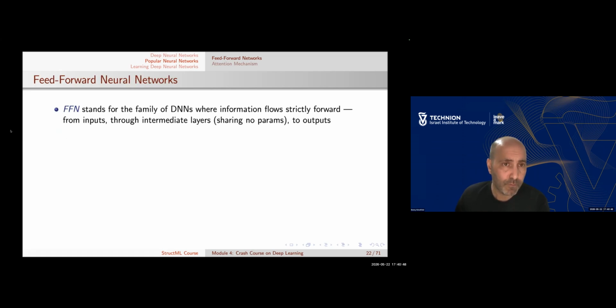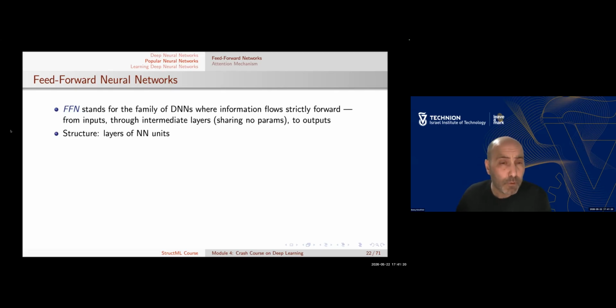So, starting with feed-forward neural networks, well, these stand for a very general family of neural networks that you can represent or conceptualize as a flow of information in one direction from the input through the intermediate layers. No parameters are shared until you get to the output. Okay, this is very general.